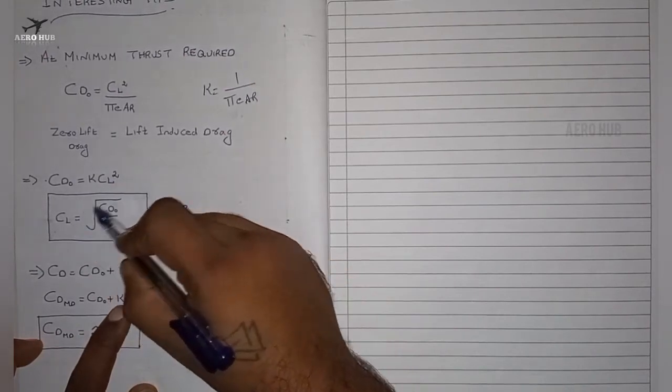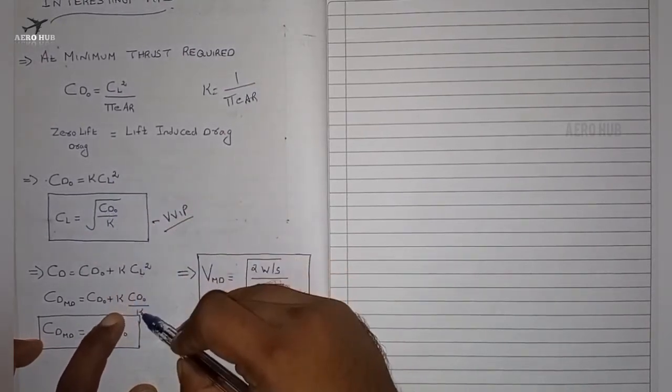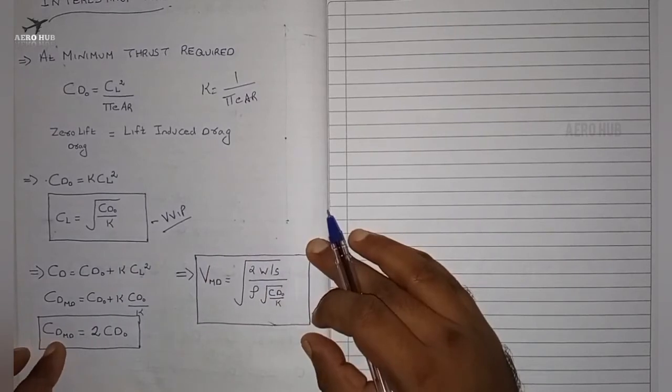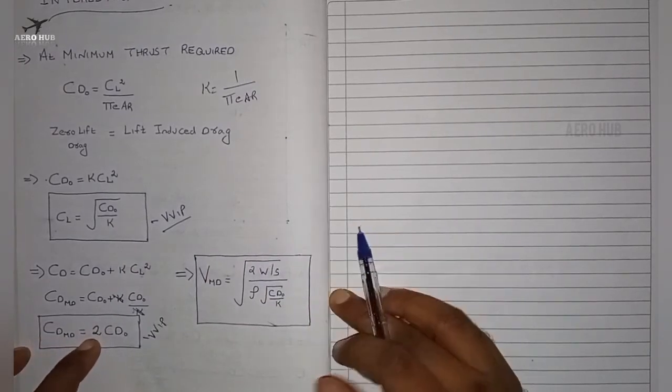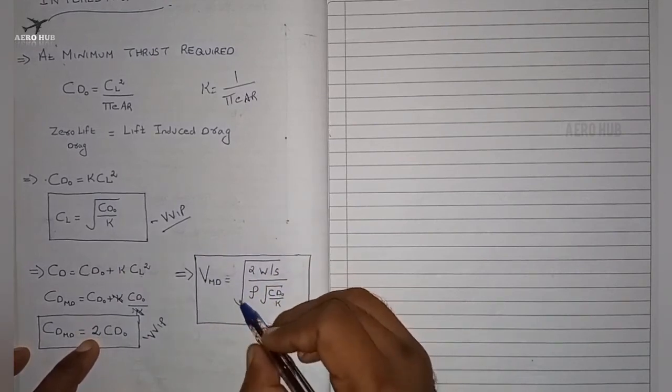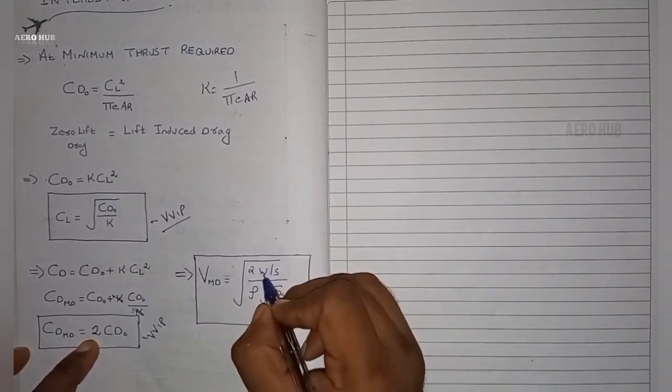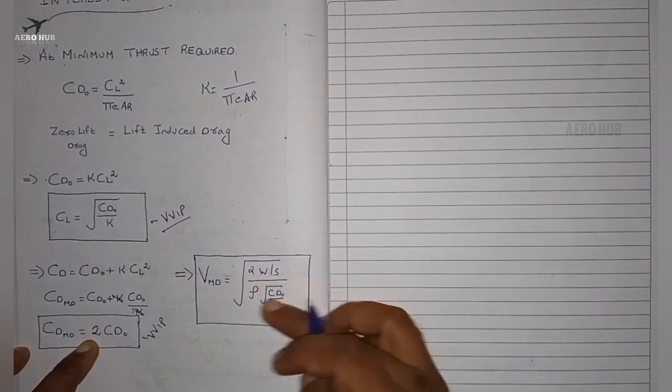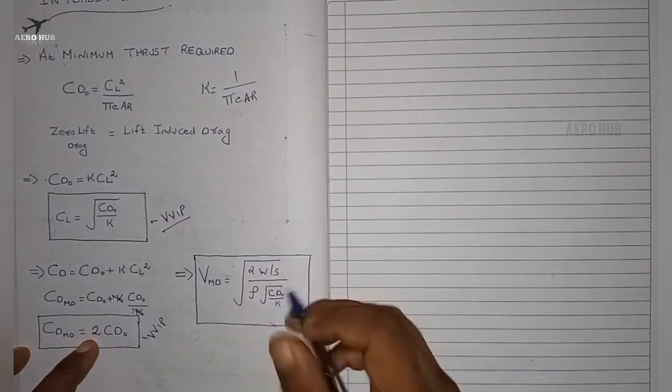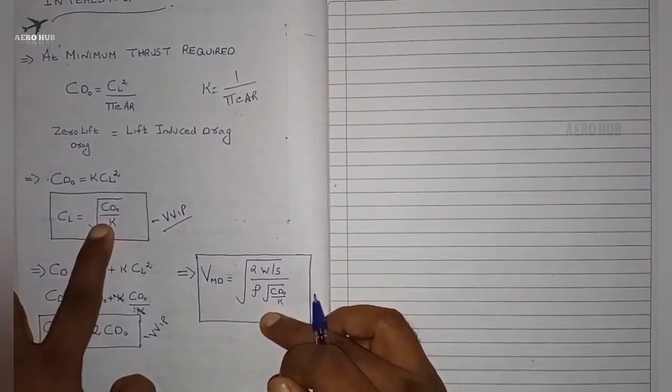Instead of CL square, I can substitute CD naught by K. Therefore, CDMD, that is CD of minimum drag, is equal to 2 times CD naught. Similarly, the velocity at minimum drag is equal to root of 2 times W by S divided by rho into CL. Instead of CL, I am substituting root of CD naught by K.